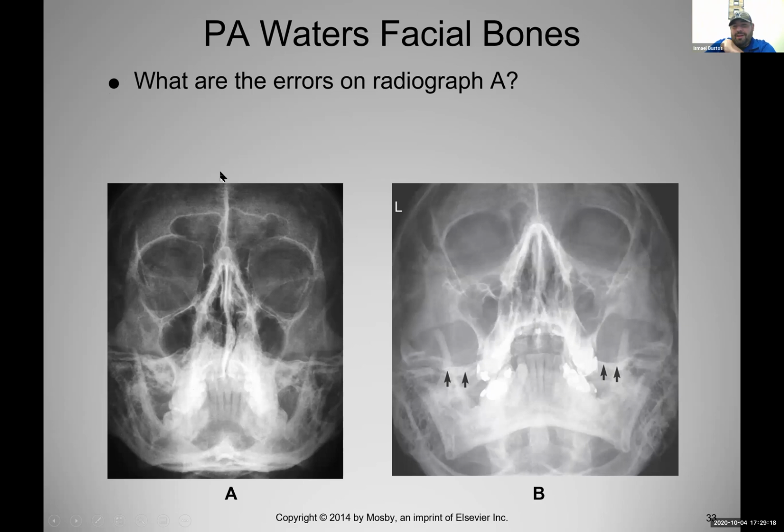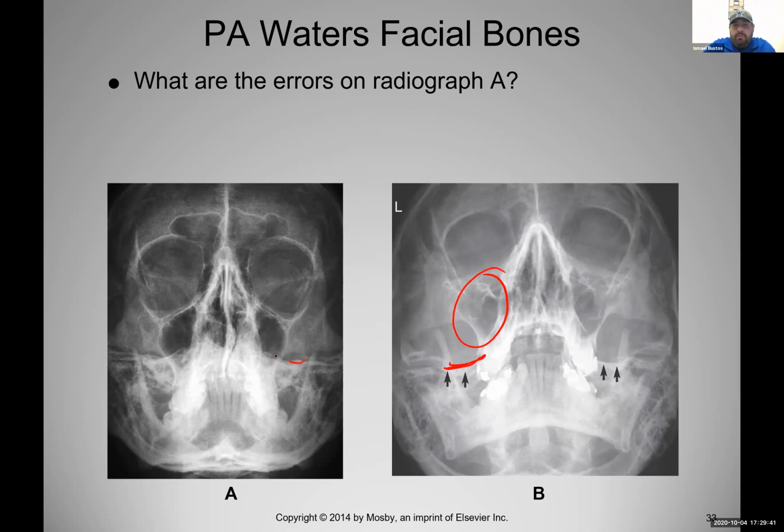What are the errors in radiograph A? All right, I'll give you a few seconds to look at it. Remember, it's a Waters projection. All right, you ready? Okay, so for Waters projection, what are we supposed to see as far as the ridges? Where should they be on a Waters projection? They should be well below the maxillary sinuses, right?